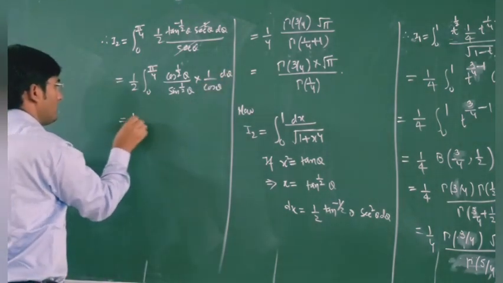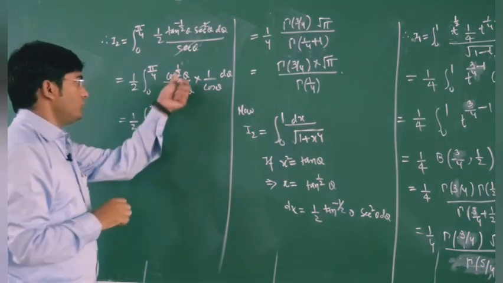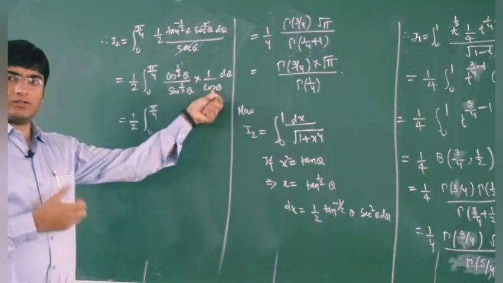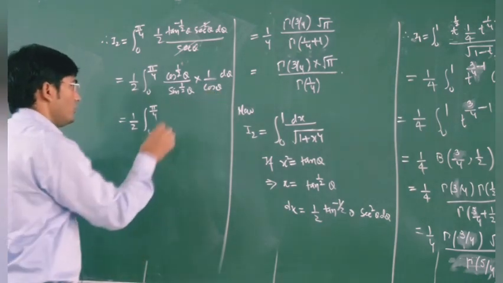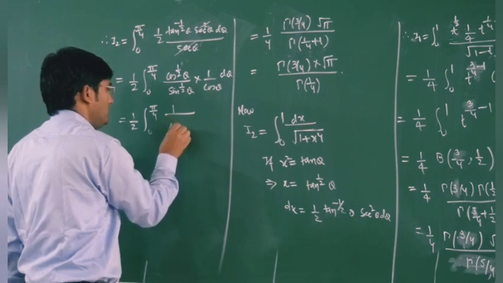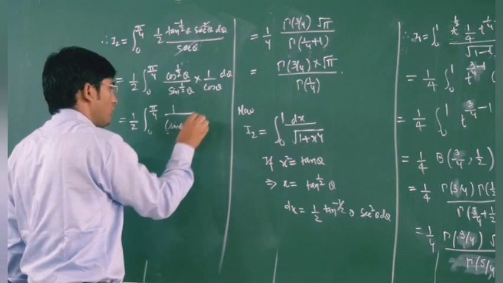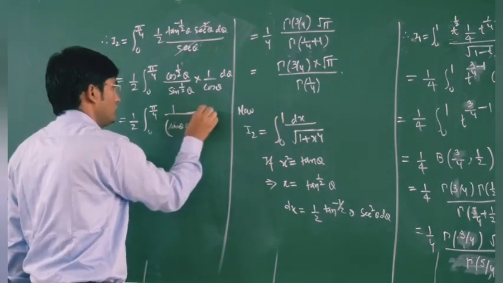So this is equal to 1 by 2, 0 to pi by 4. Now if you take this half theta here, we get cos half theta. So this is basically sin half theta into cos half theta, and we can write it as sin theta cos theta whole power half into d theta.